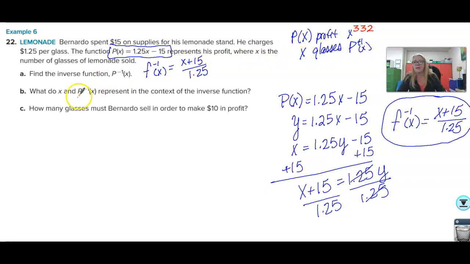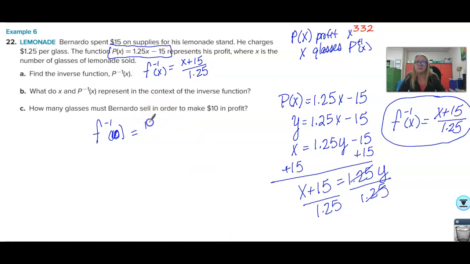Okay. How many glasses must Bernardo sell in order to make $10 in profit? Okay, well, we want him to make $10 in profit. So which form of the equation is best for us? It's best to use the inverse function for that. Because, and I'll tell you why, f to the negative 1 of 10 equals, x is 10, that's where I'm going to put the 10.